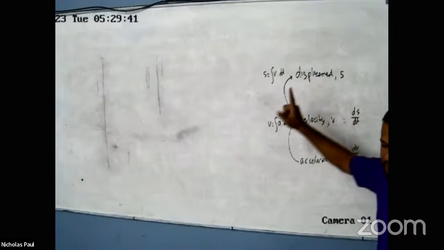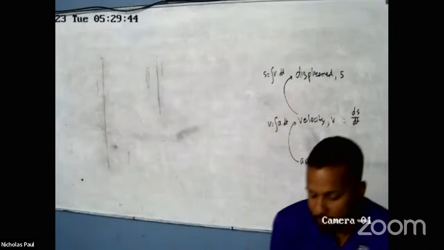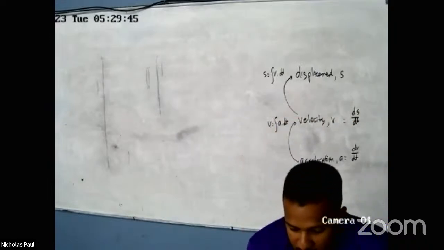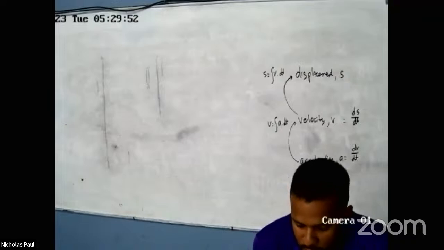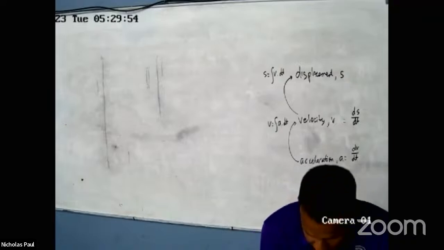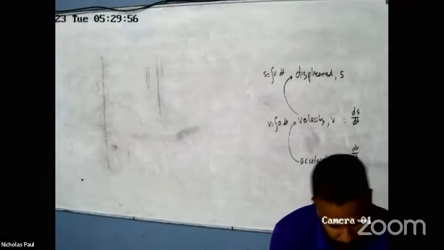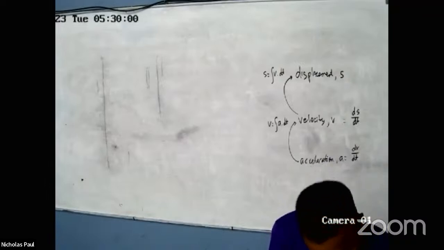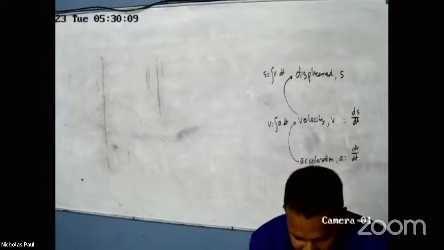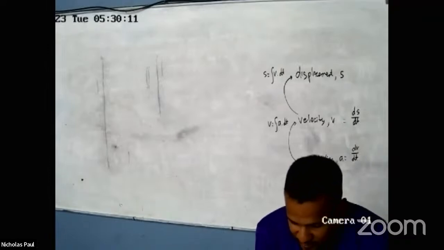Just take a small definition, look at each one. Displacement is the straight line distance from where you start to where you finish.